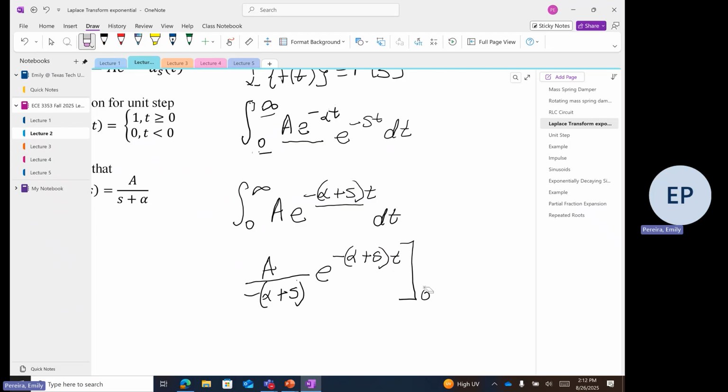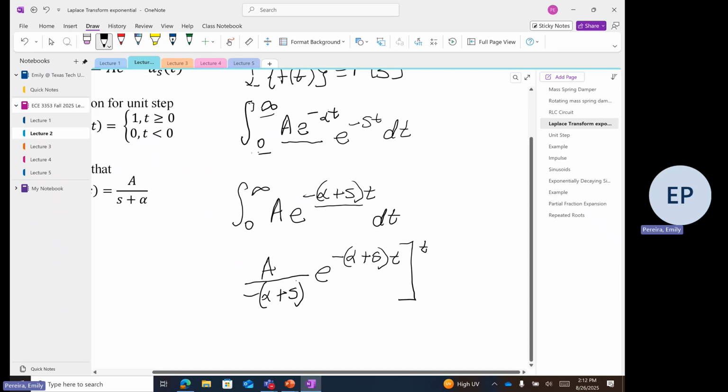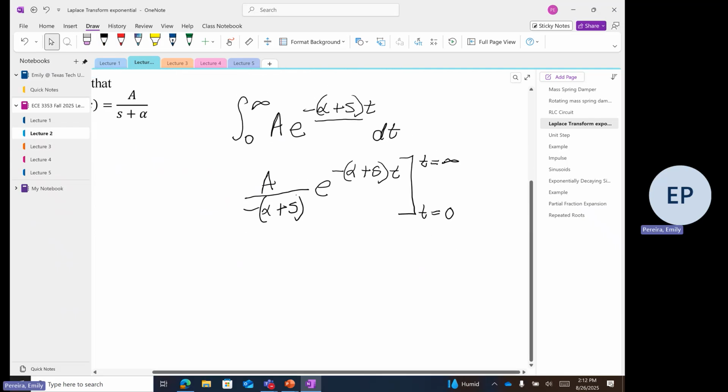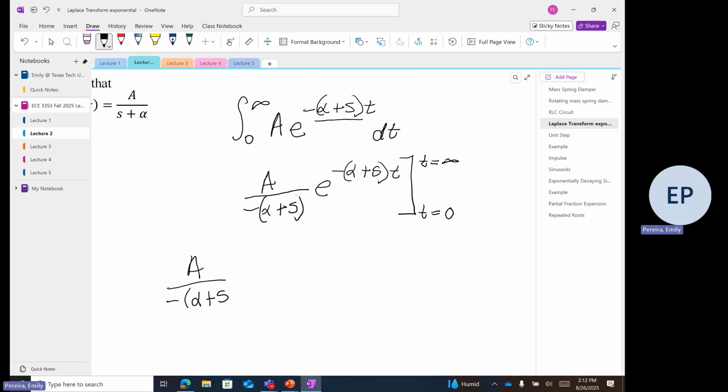So this is t equal to infinity and t equal to 0. If we plug that in, we apply this to t, so we have infinity minus e to the negative alpha plus s times 0.